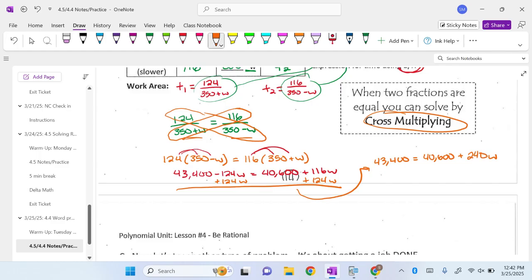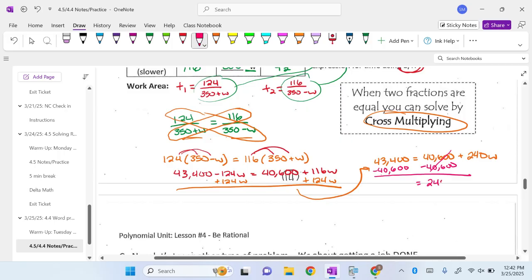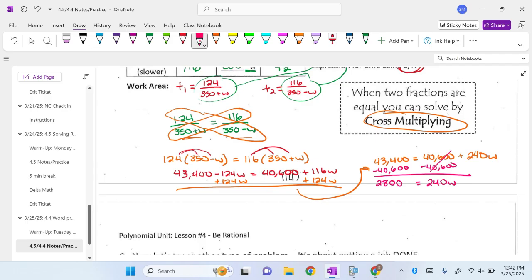All right. Then I would subtract the 40,600 from both sides. Can someone do that for me in their calculator? 43,400 minus 40,600. 2,800. Cool. Equals 2,800. And then divide both sides by 240.